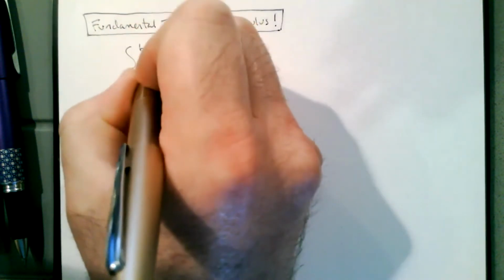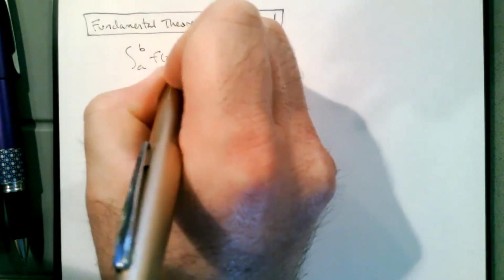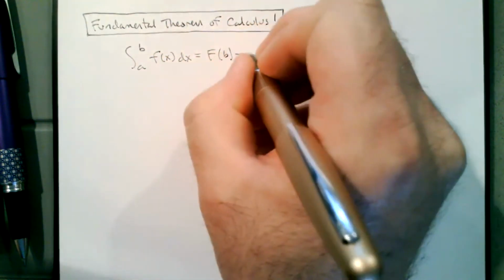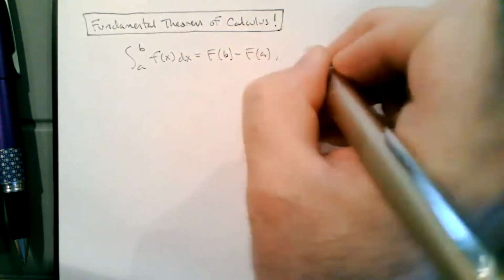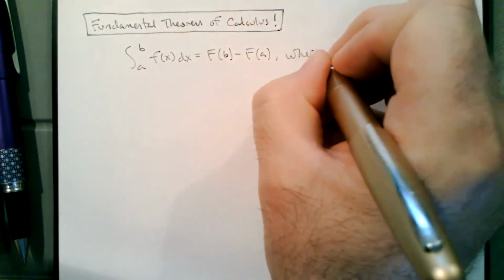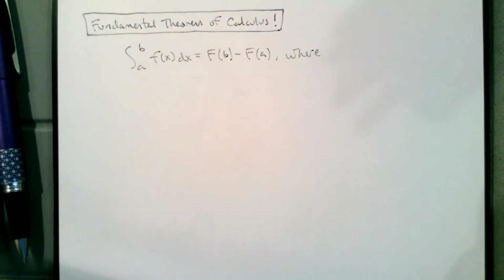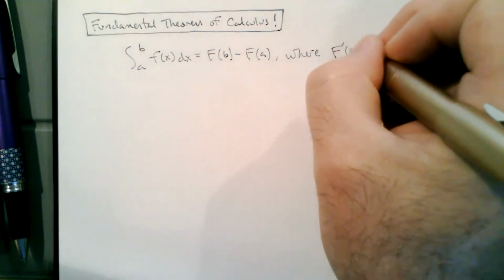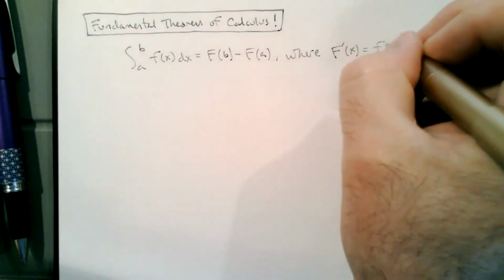The fundamental theorem of calculus says that the integral from a to b of f of x dx is capital F at b minus capital F at a, where capital F is an antiderivative of little f. That is, capital F prime is little f.